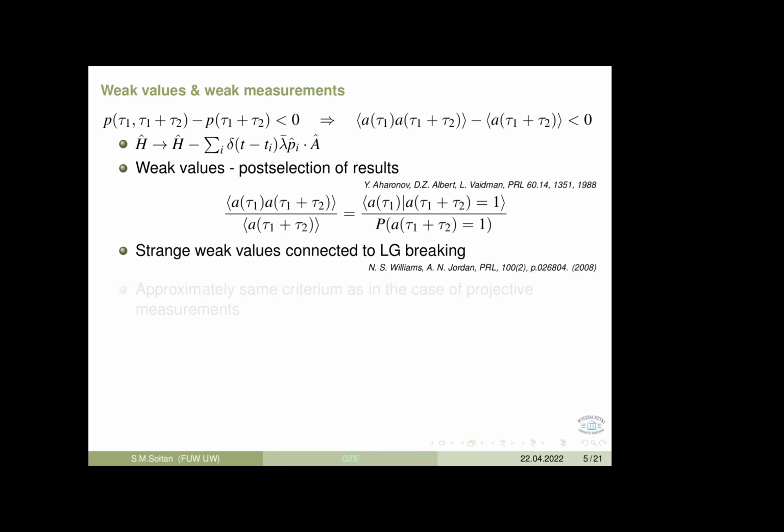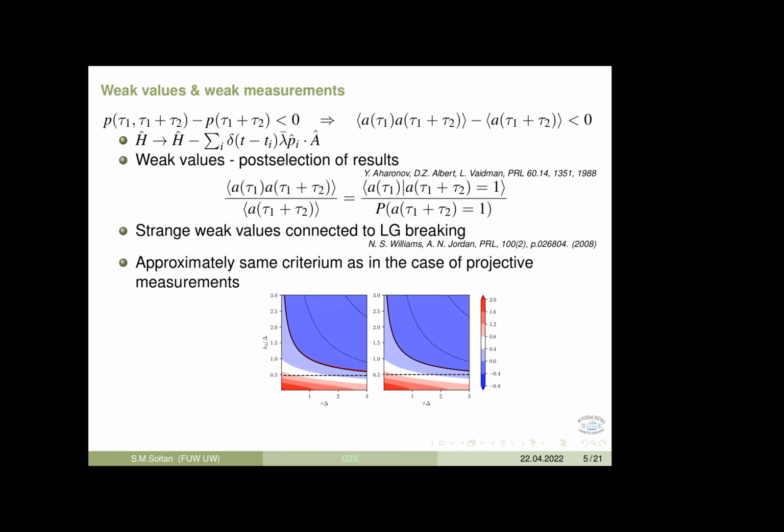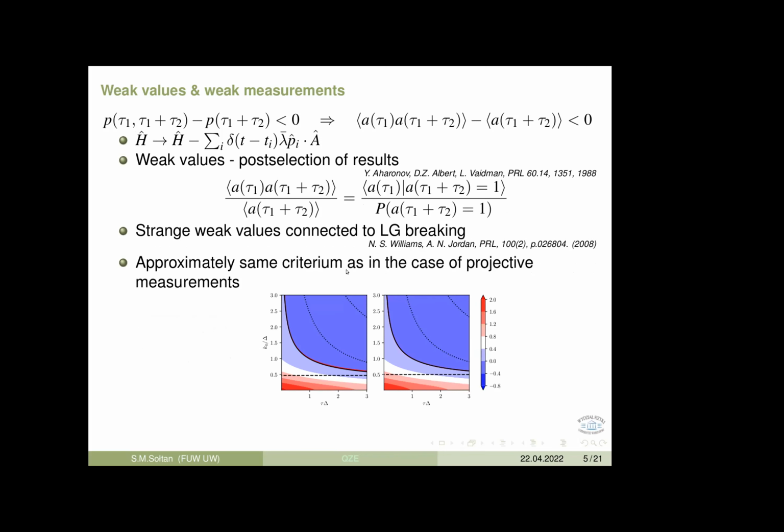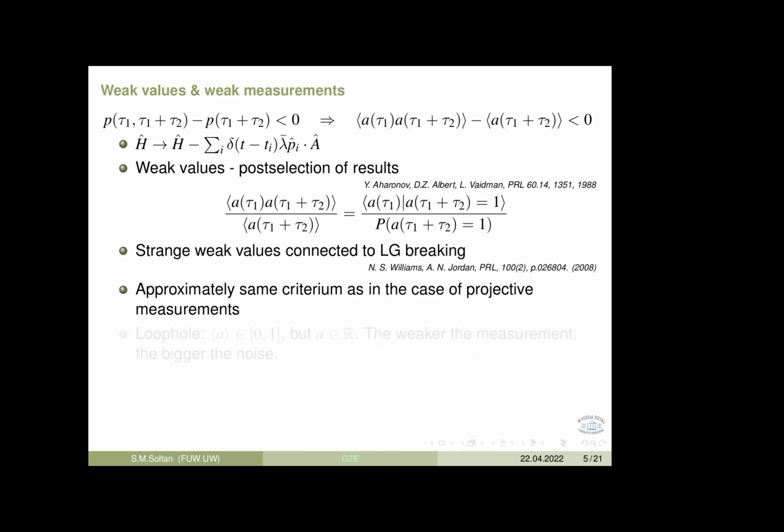I can spoil some results that I will show later on: fortunately, this criterion formulated for weak measurements leads us to approximately the same criterion for the Zeno and anti-Zeno effect as was formulated in the case of projective measurements, but more on that in a moment.